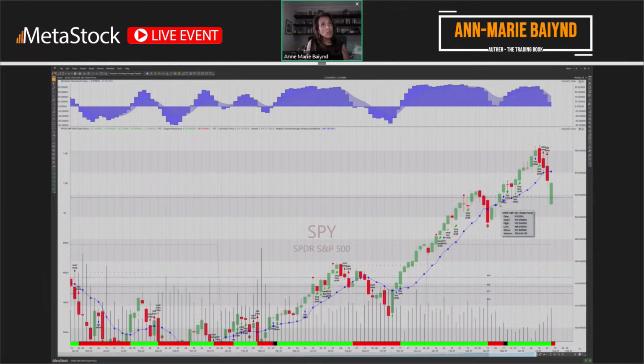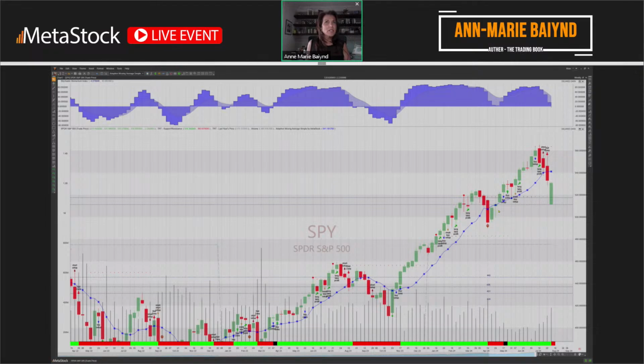Here's what I also like to look at. If you can notice, you'll see there are gaps between this week and the following week when the market was going absolutely bananas, moving straight up. And you can see that it filled in this gap. It has not filled in the gap below, right? Not yet.